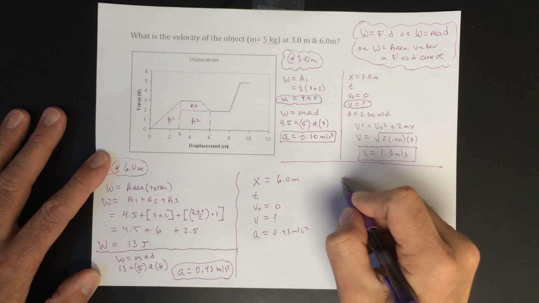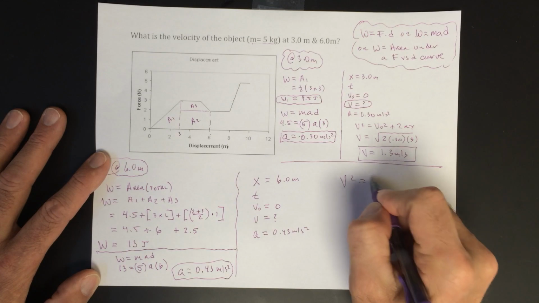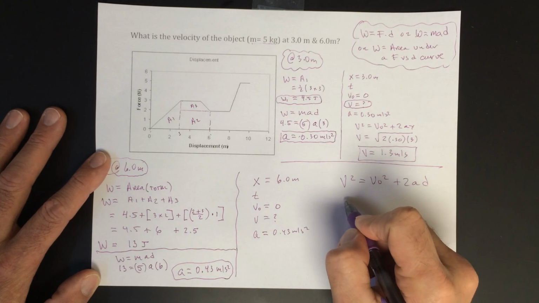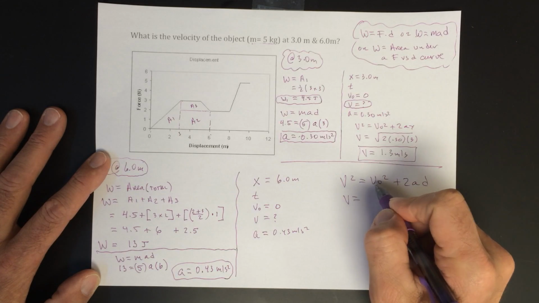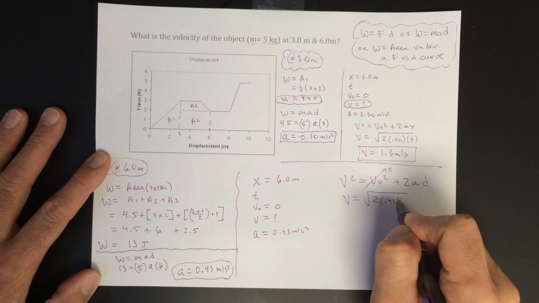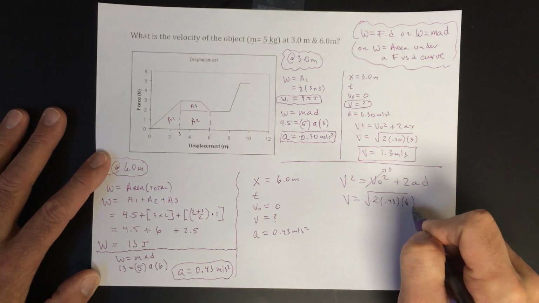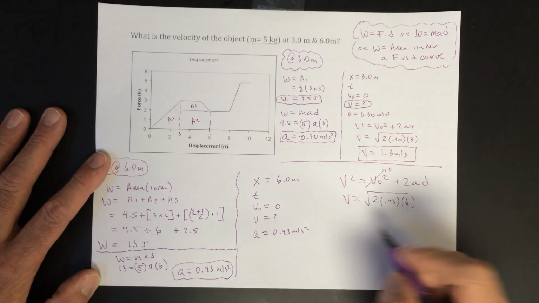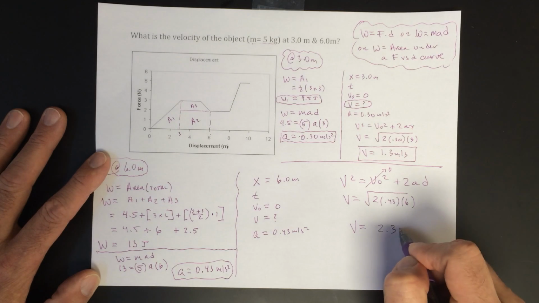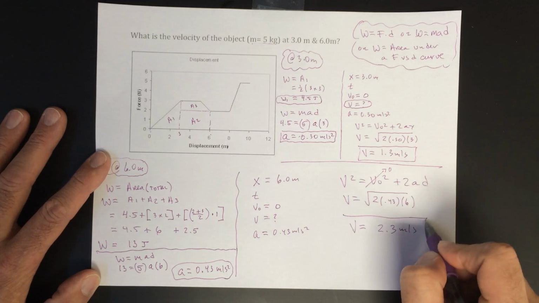Okay, so now the V squared is equal to V naught squared plus 2AD. V is equal to, this is 0, of course, square root of 2 times 0.43 times a distance of 6. And crunch those in your calculator and you get 2.3 meters per second.